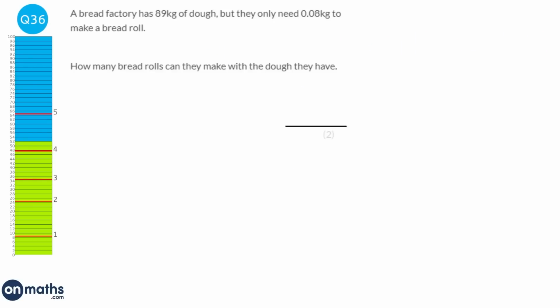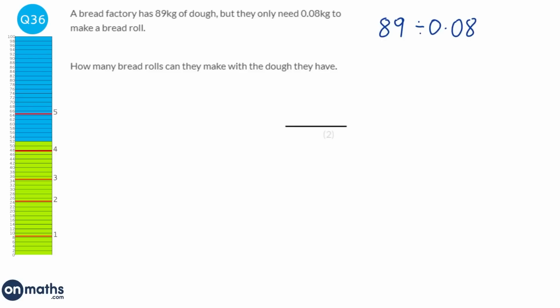So here we're asked to find how many bread rolls we can make. We've got 89 kilograms and it takes 0.08 kilograms to make a bread roll. Something we can do is convert these into grams, or we can just keep it at kilograms, but I've got a neat little trick. And the trick is, if you've got a decimal when you're dividing, as long as you do the same thing left and right, you can multiply them by 10 or 100.